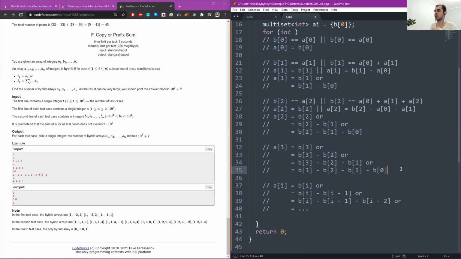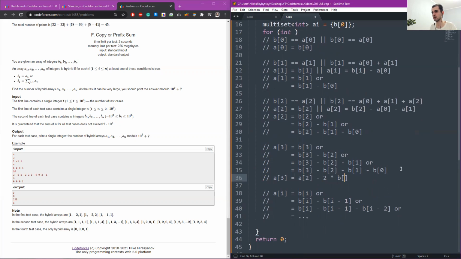So the idea is that these values have to be connected in order for us to bash it with multisets. It's not very stupid. It's also B3.